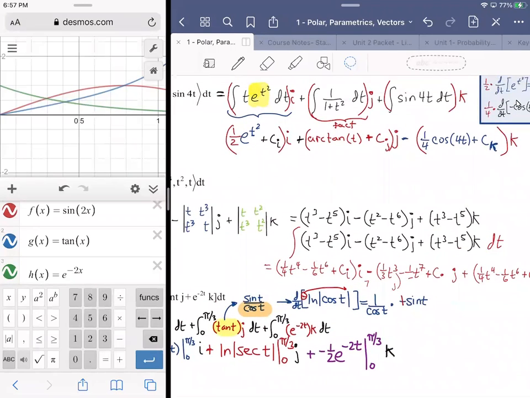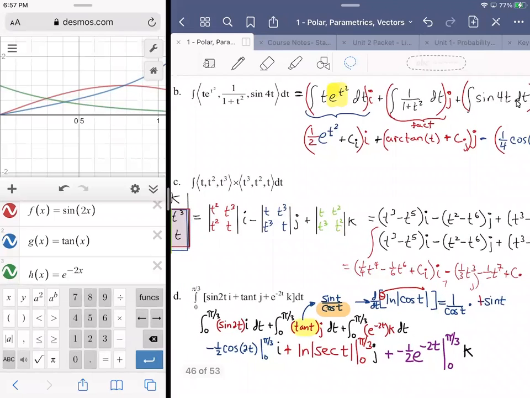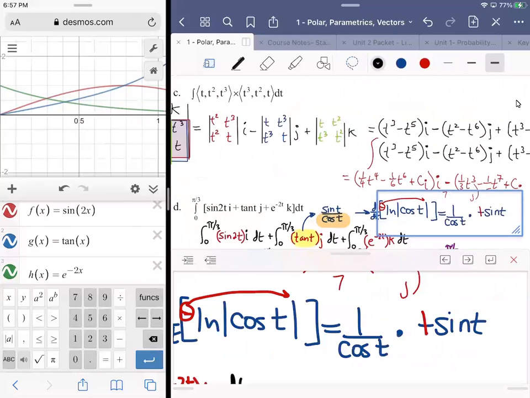All right, so I just got to evaluate this, which involves knowing some trig rules or being handy with a calculator again. But this should not be the hard part.